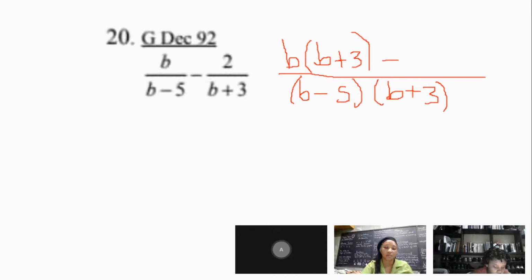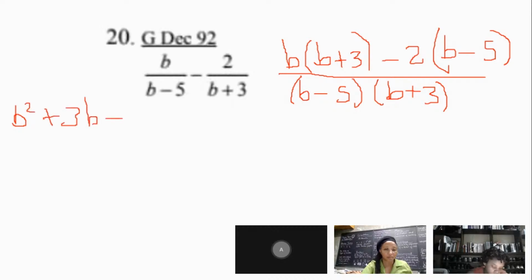And b plus 3 into the LCM goes b minus 5 times, so 2 times b minus 5. And then if you multiply the numbers at the top, you get b squared plus 3b minus 2b minus 10.